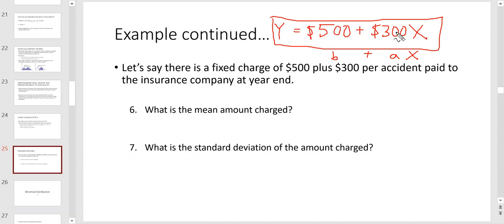So ax plus b, you could write 300x plus 500 if it makes you feel better, equals y. We are dealing with a linear function. And so when question 6 asks us what is the mean amount charged, we're not asking the mean number of accidents. Y now is the amount charged. So we want the mean of the random variable y.